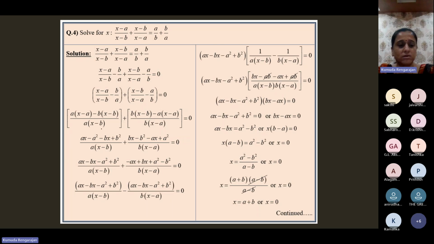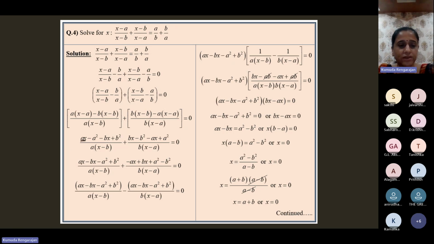So here we have ax minus bx. I've just arranged the x terms first, minus a square plus b square. Arranging is just for us to have some clarity.